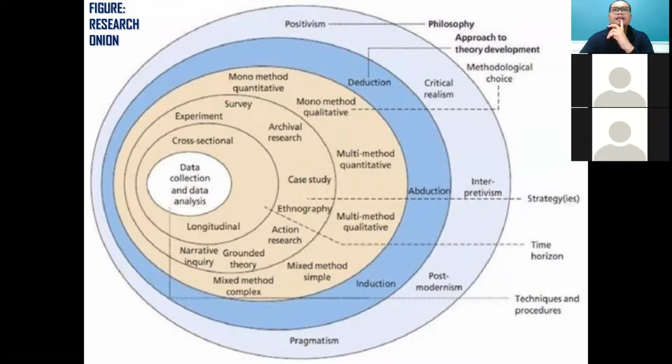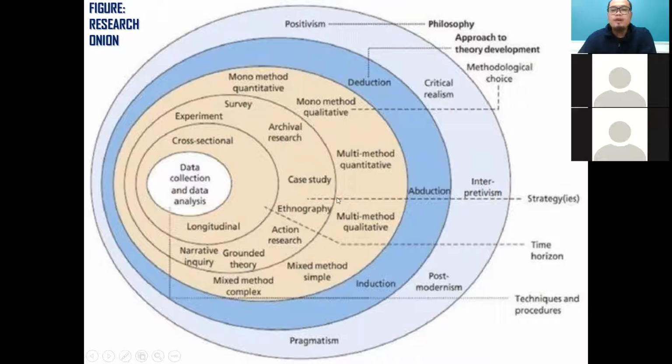I forget the type of the mixed method that is part of the complex. So we have two types: the simple mixed method or the complex mixed method. Yes, transformative and concurrent. So transformative and concurrent are under mixed method complex, and sequential, exploratory and explanatory, are under mixed method simple. Okay, that covers the third layer of the methodological choice.